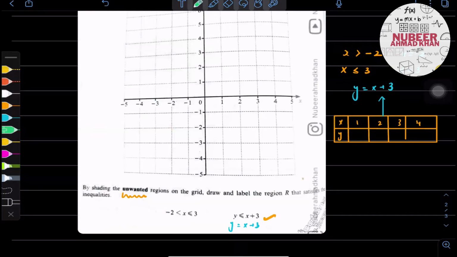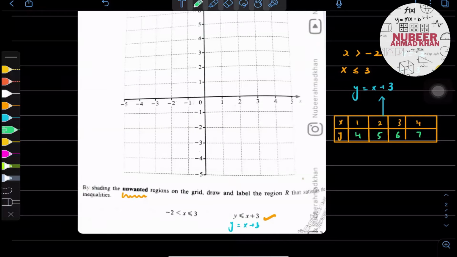For 1 it will be 4. Okay, the first value is 4. When you substitute 2, then what do you get? 5, then 6, and then 7. Good. Now अगर मैं इसको प्लॉट करूं, 1, sorry, 0, sorry, this is 0.